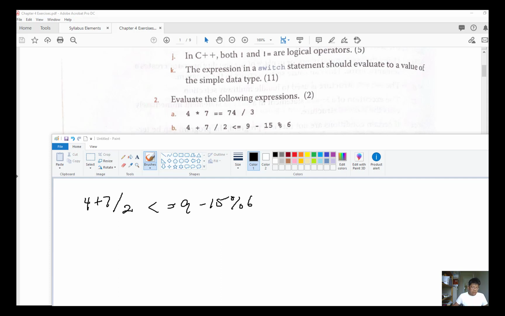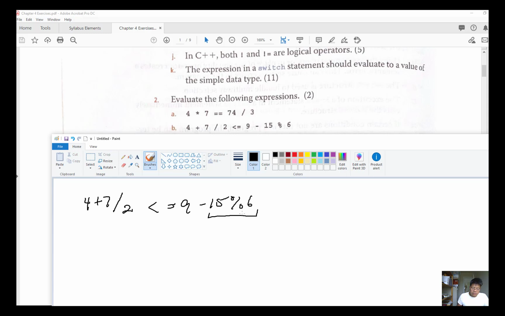I want us to look at this expression that you're looking at right now. So again, when you look at this, you have to look at the order of precedence in here. And some of you are not familiar with mod and the percent. You should pick this up in the earlier chapter, chapter 2, what's mod.